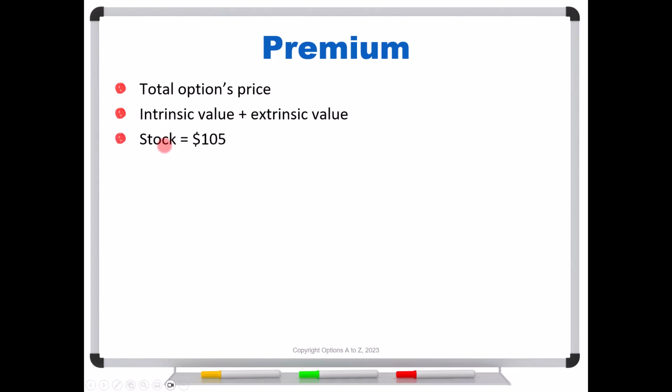So, for example, let's say that the stock is 105 and we see that the $100 call is trading for 7. Again, this is the price that you see in your broker's platform. That would mean $7 per share or $700 per contract. But because it's a $100 call with the stock at 105, there's $5 of intrinsic value.